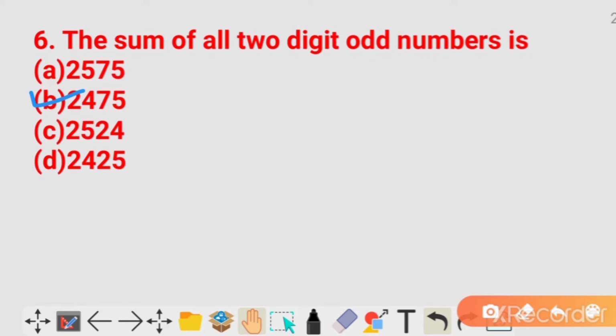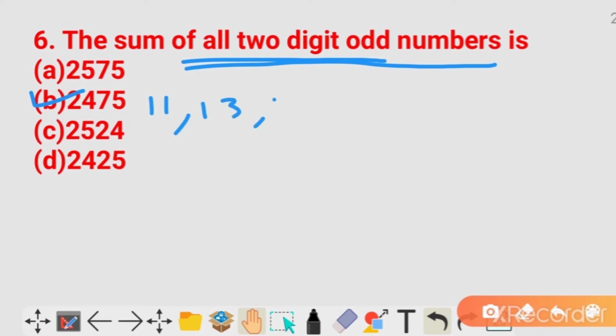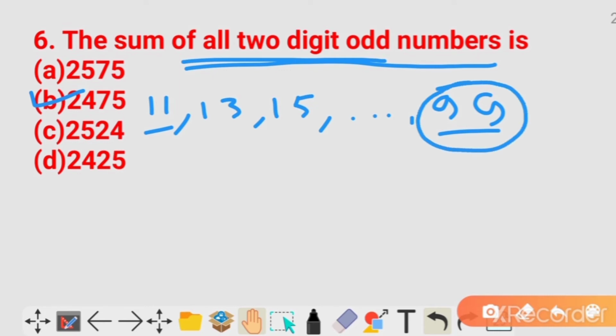So as I said, the sum of all 2-digit odd numbers means 11, 13, 15 and so on, the last term will be 99. So the first term is 11 and the last term is 99. First we'll find out which term will be 99.